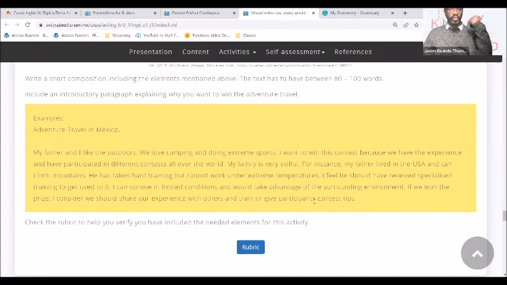Perfect. Right? So write something similar. Write your own composition about your family, what they can do, what their skills are, what they cannot do, how to learn new skills, and what you could do if you won an adventure trip like this.